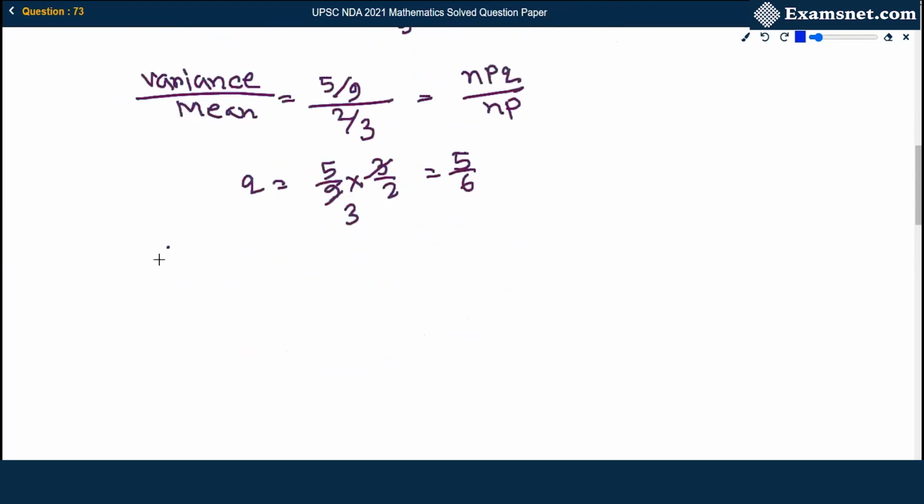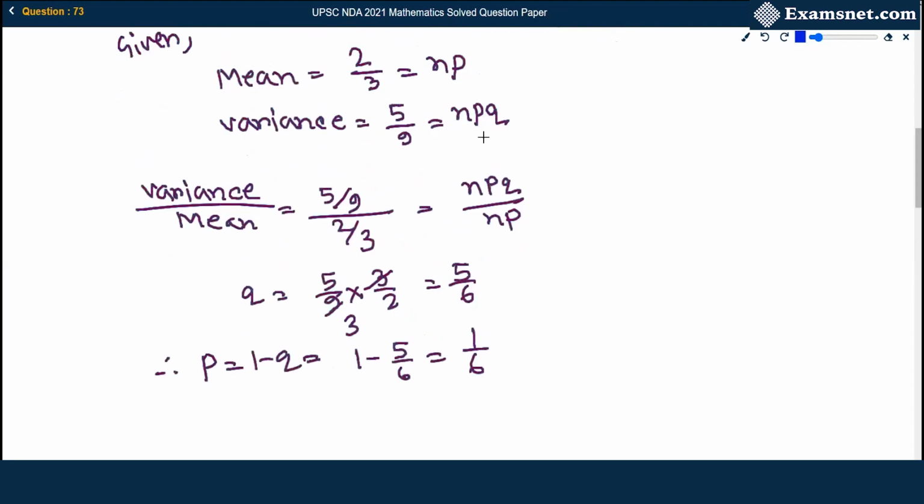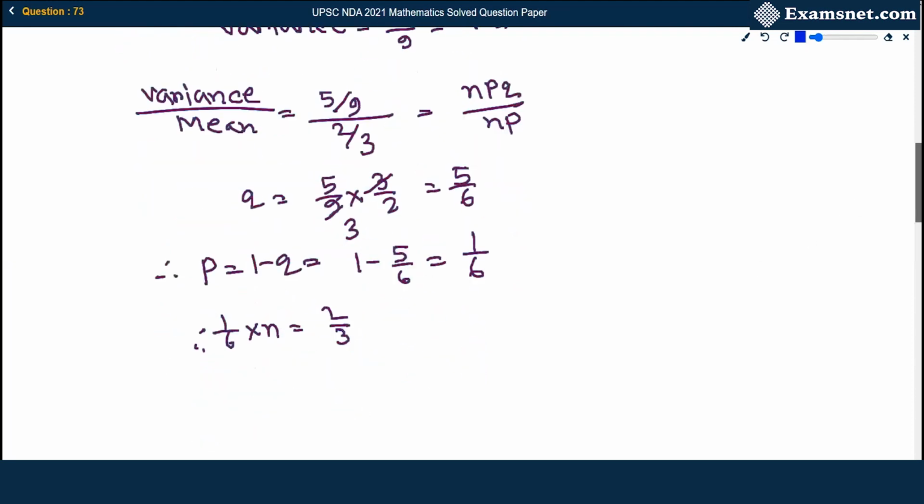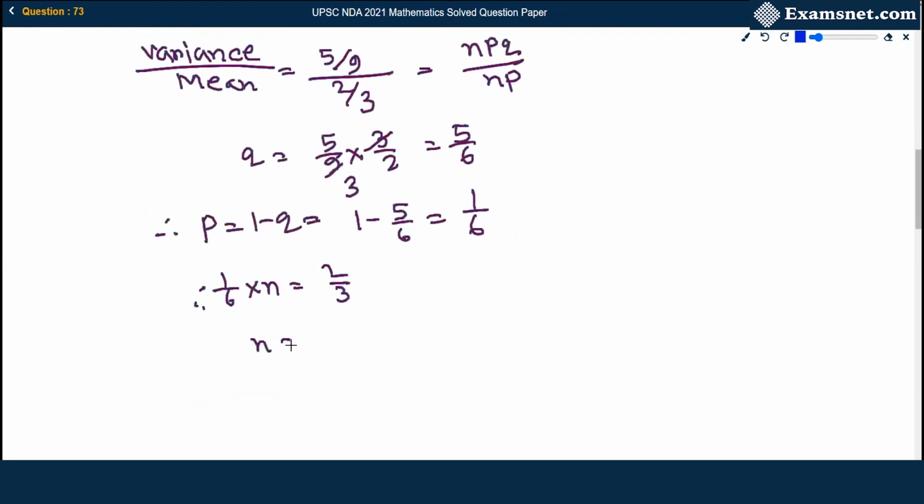So from here, we can easily find the value for P, that is 1 minus Q, 1/6. Okay. So since we got the value for P, from the value of mean, we can write 1/6 multiplied by N equals 2/3. So the value for N is 4, right?